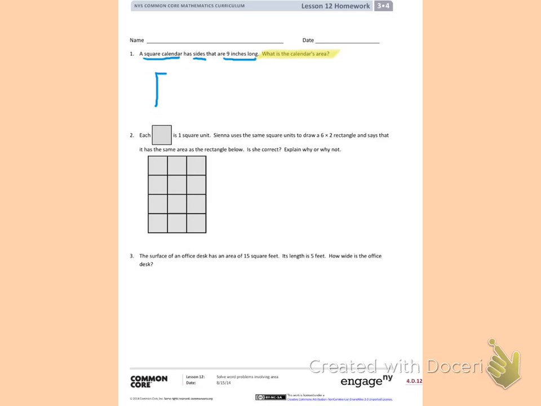So this side is the same as this side, which is the same as this side, which is the same as this side. Now, we know that it says the sides are 9 inches long. So I'm going to write 9 inches, and I'm going to abbreviate inches that way. And I'll put it up here as well.